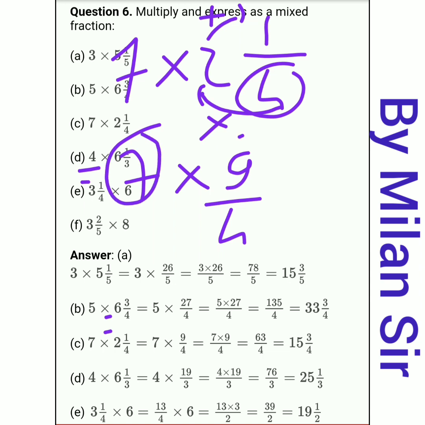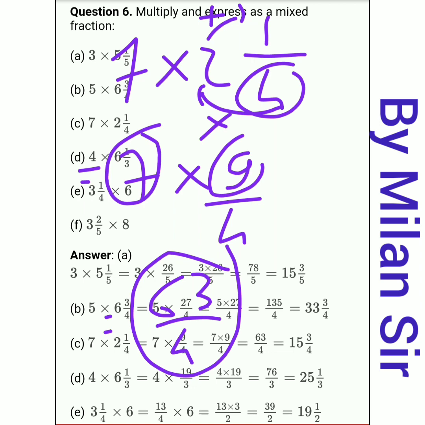Okay, now 7 multiply 9. So 9 7s are 63, divide by 4 as it is. Now 63 by 4 is an improper fraction, so we can convert it into a mixed fraction.